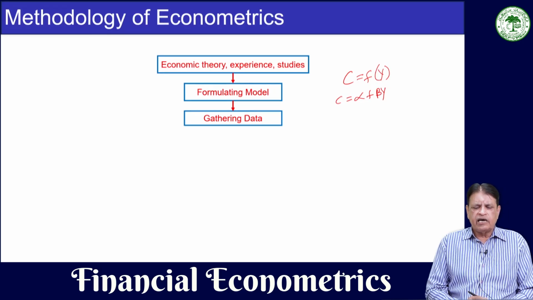And whatever information is available from economic theory and past studies, as well as our own experience, we can use in order to know how far the size and sign of these parameters are reliable and correct.